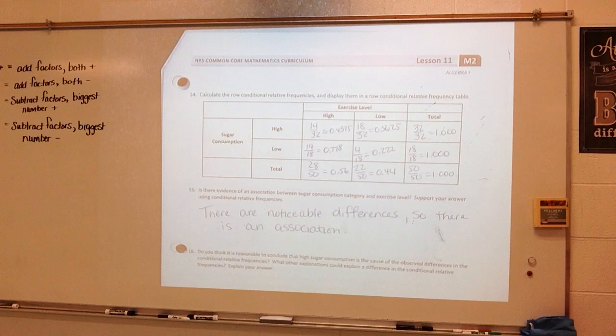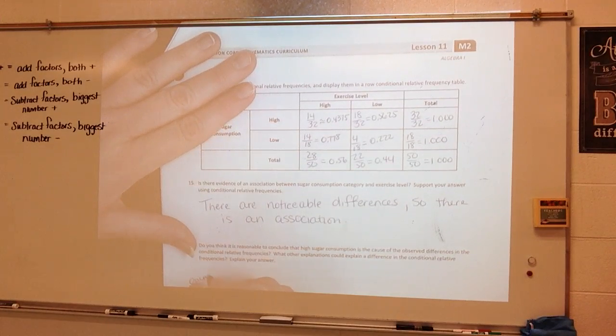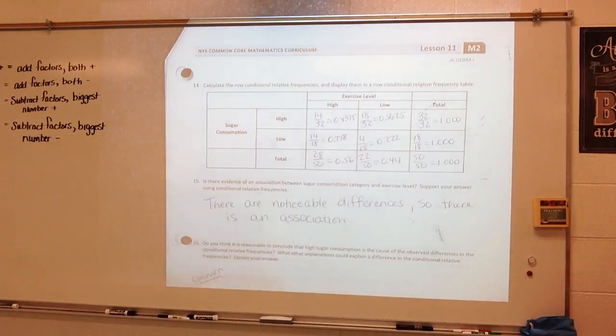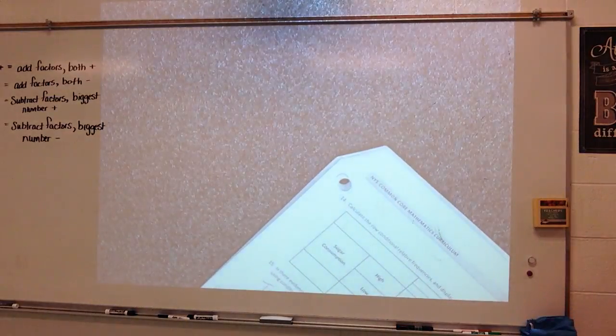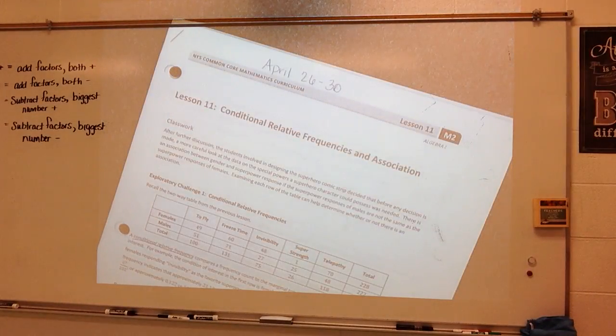Do you think that high sugar consumption is the cause? So once again, this is an opinion question. Do you think the high sugar level causes these significant differences? All right, so you need to answer this question. Guys, make sure they are answered before you turn your packet in. All right, guys, have a great evening.